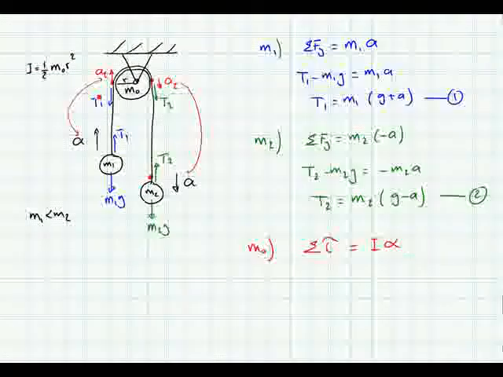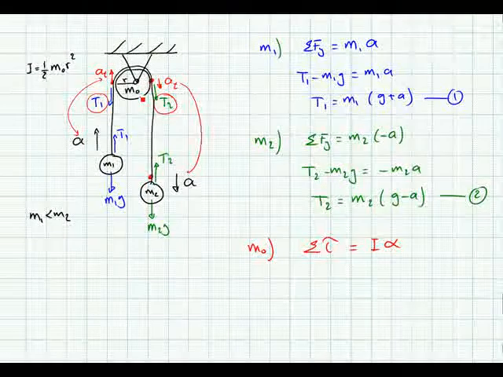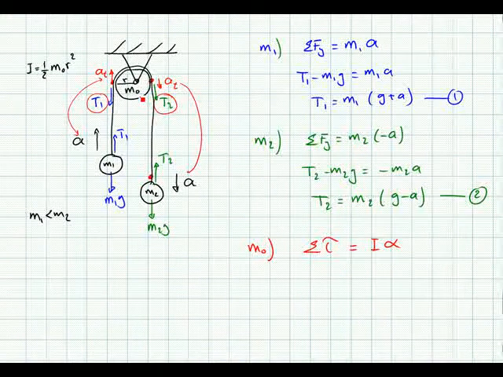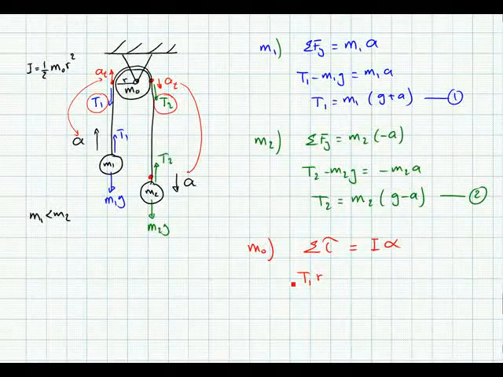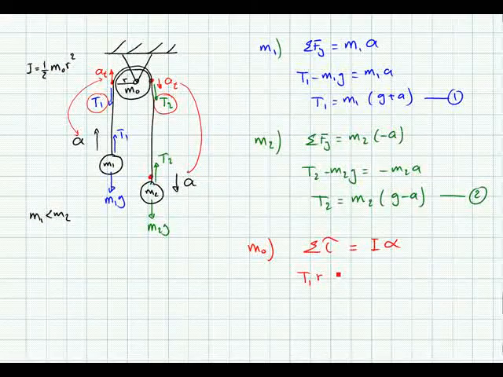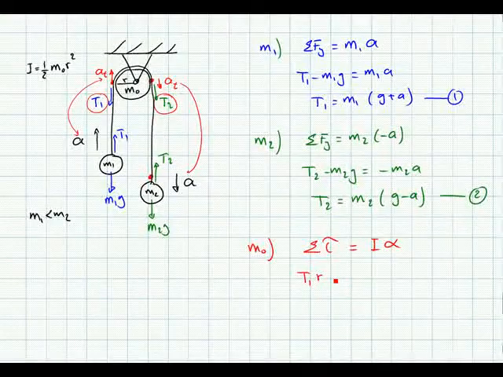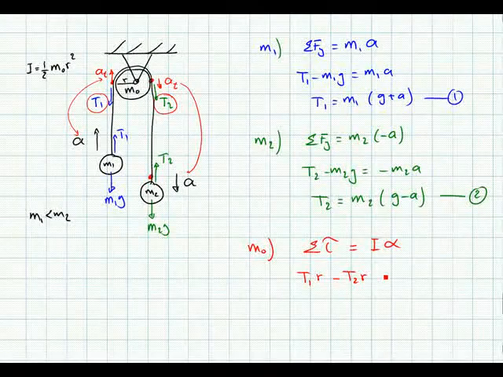We have two forces, T1 and T2, acting on the pulley at diagonally opposite points. Torque due to T1 is T1 times its moment arm, which is R, and it's a positive torque because it would cause a counterclockwise rotation, minus T2R, that's the torque due to T2. That must equal I alpha.